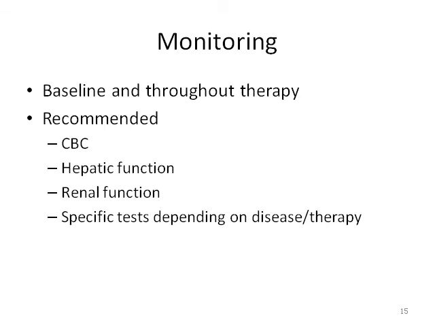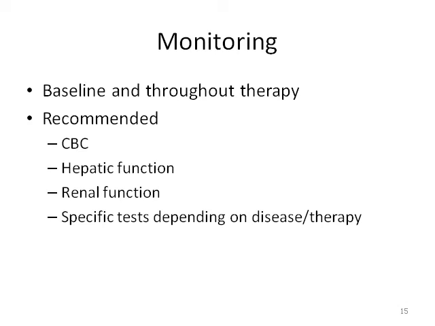Many times that doesn't occur, but then we have to look at how often we monitor throughout therapy. And obviously, the more problematic the drug is as far as side effects, and the number of comorbid conditions and other drugs that may be on board, will increase the need for monitoring.